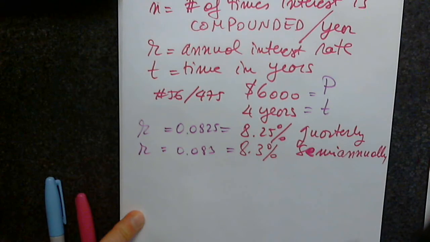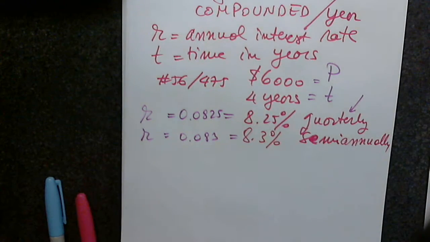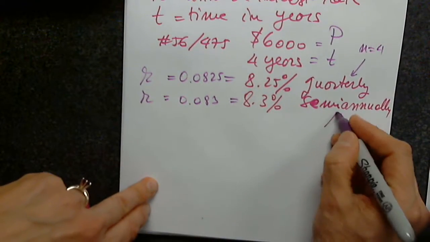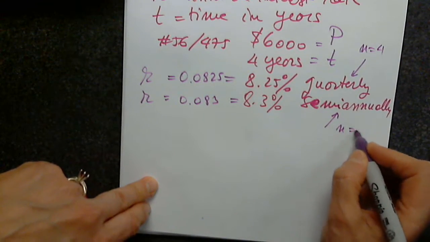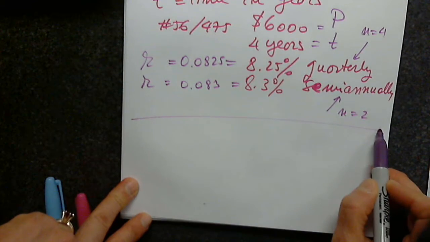This is another R because we have to calculate twice. What does quarterly represent? 4 times a year. So what variable is it? N equals 4. Awesome. And semi-annually, what does it represent? Very good.